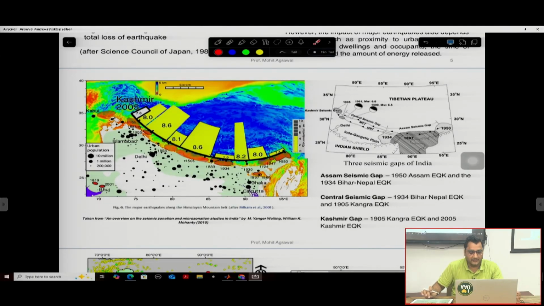Also, in this slide we discussed the seismic gaps along this plate margin boundary, and there are 3 seismic gaps we discussed. This is the Assam gap, here you have the central seismic gap, and this is the Kashmir gap.